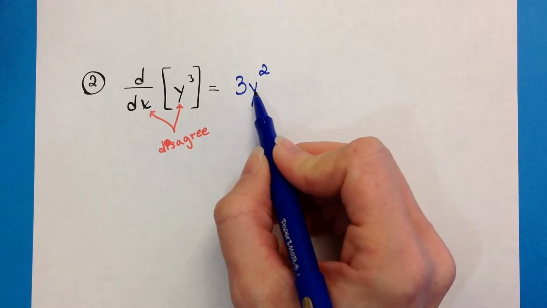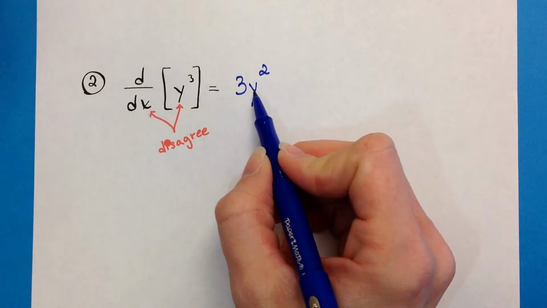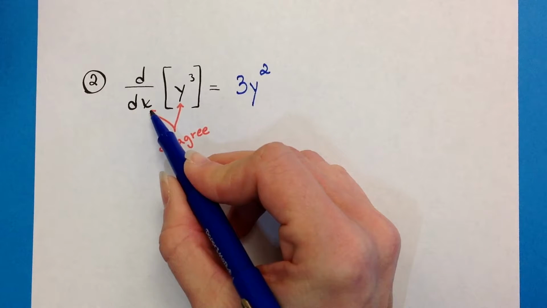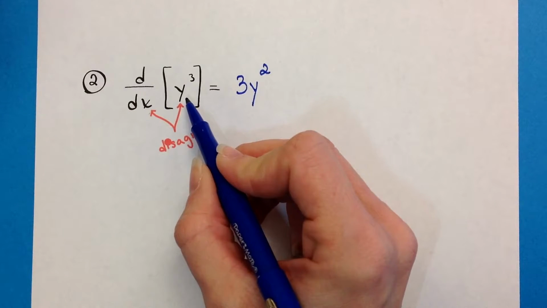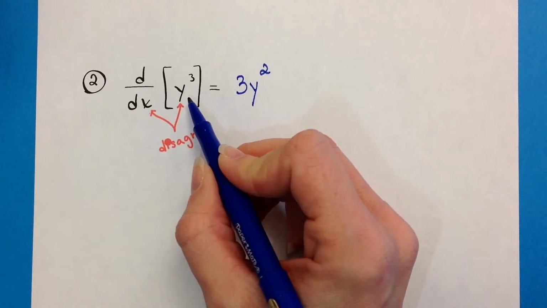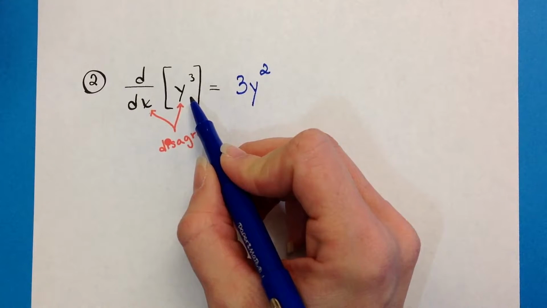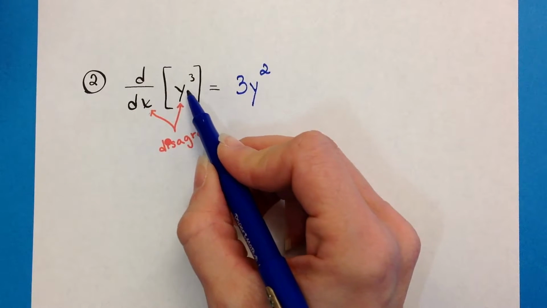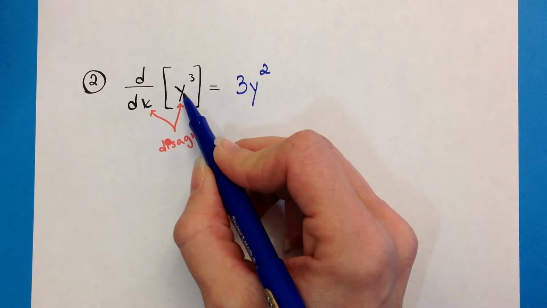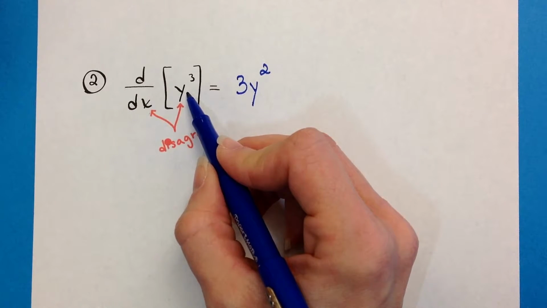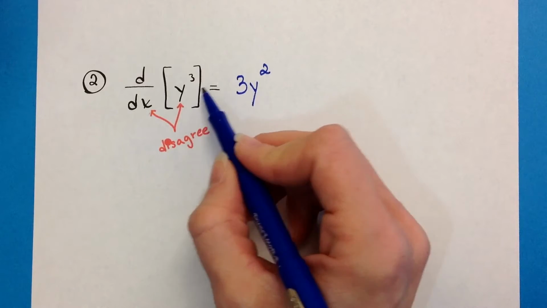So what that means is, because you're asked to do this with respect to x, but yet you have a y, y is representing some function that you're unsure of what that function is. So in that case, you really don't know what the inside function is. So to represent that you're doing the chain rule, you're basically just going to have to use the notation for derivative.